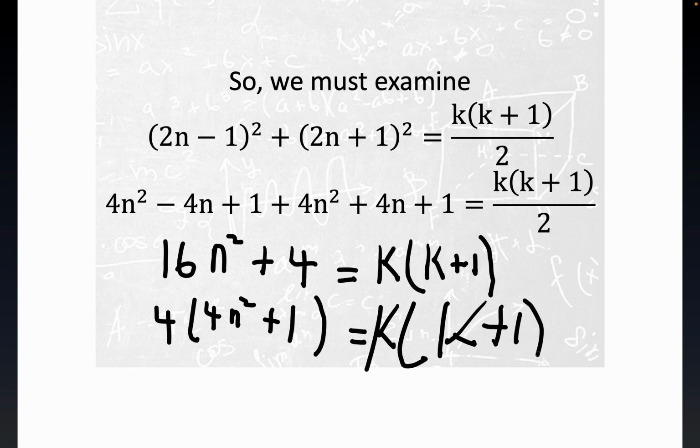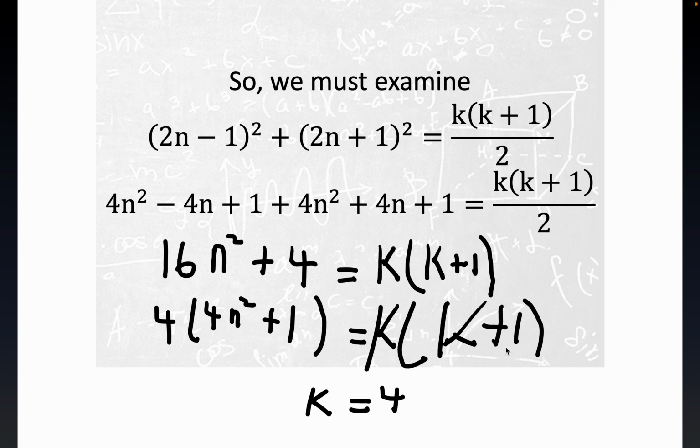Now, what can we conclude from this? We know for a fact that if this is 4, that forces k to be 4. There's no other way. If we're looking for integer solutions to this, the only conclusion we can draw is that k has to equal 4.